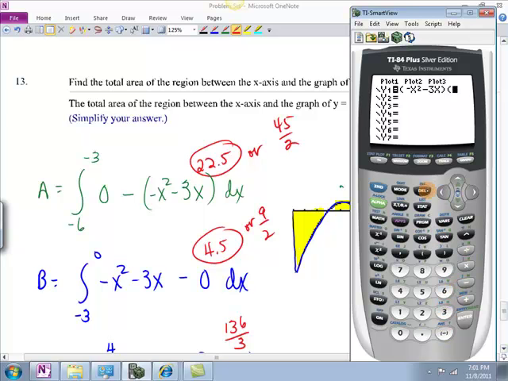Go back, delete. -6, less than or equal to x is less than or equal to. I don't think it'll work if you do it like that. Oh, you have to put it in 2 different ones, right? You're absolutely right. Don't put that in parentheses.